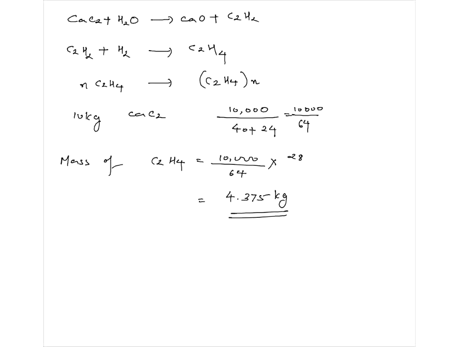Let's say we are talking about preparing this polymer, C2H4 coming N times. You know that C2H4 is called ethene. So this polymer is the well-known polythene polymer. So we are trying to prepare polythene.